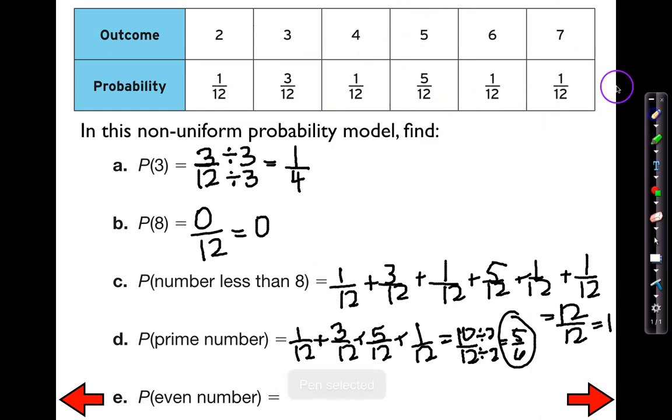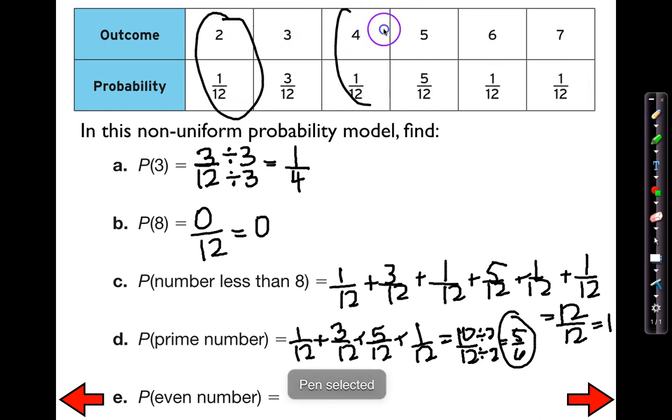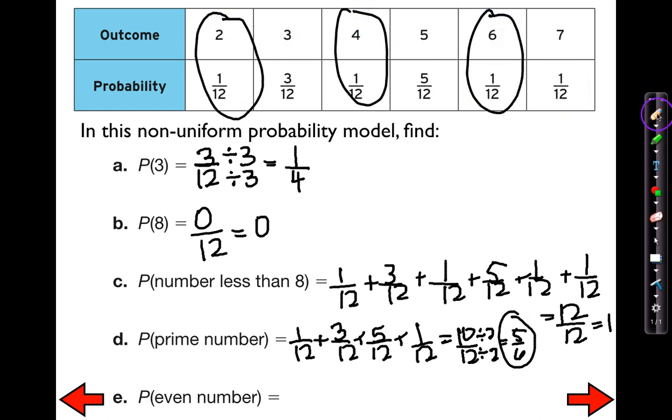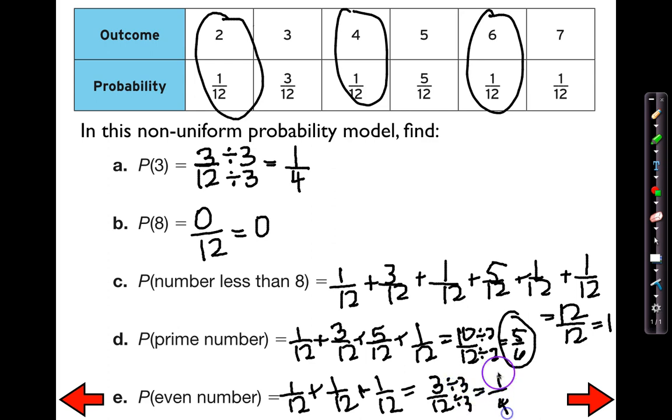So that's going to include 2, 4, 6, and that's it. So I'm going to go ahead and add the different probabilities, which is 1/12 for 2, 1/12 for 4, and 1/12 for 6, which is going to give me 3/12. I'm going to reduce the numerator and denominator by 3, and that's going to leave me with 1/4.